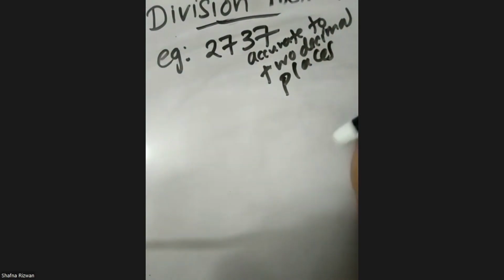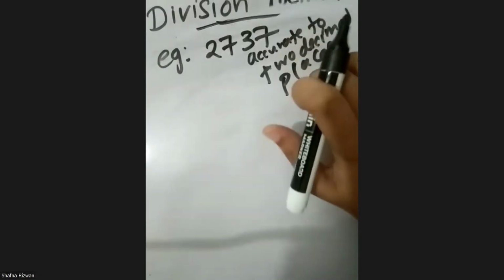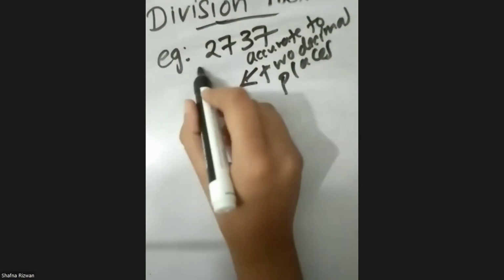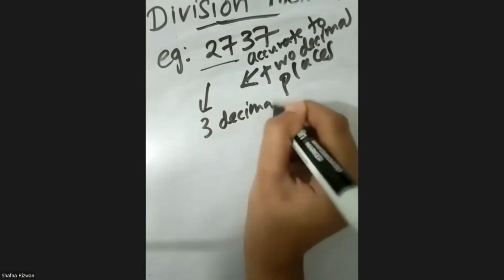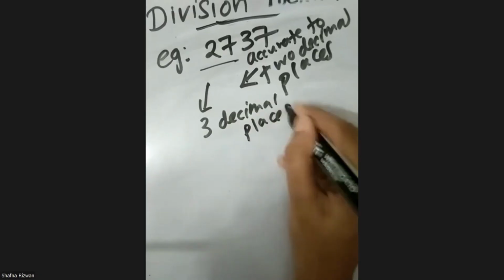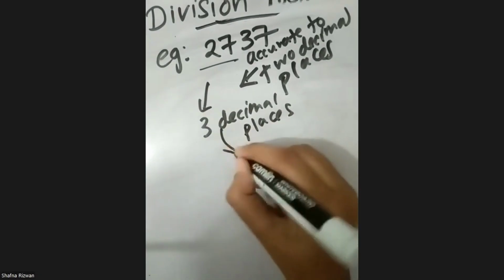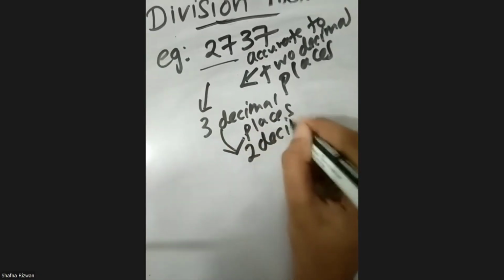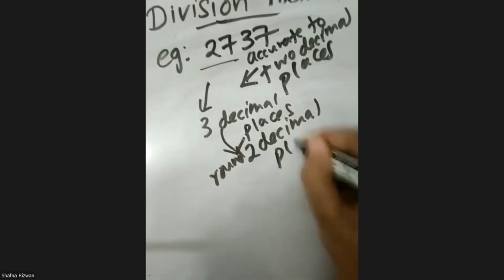Guys, always remember that whenever they ask you to find the square root of any number accurate to two decimal places, you should always take the number to three decimal places. If you take it to three decimal places, then you can round it off to two decimal places.